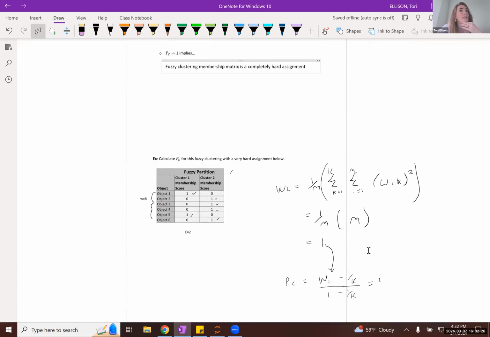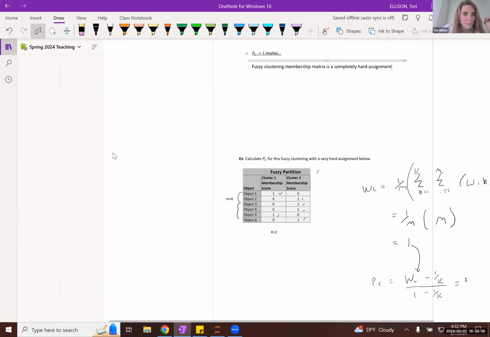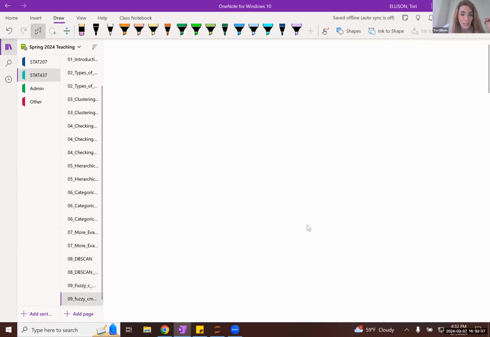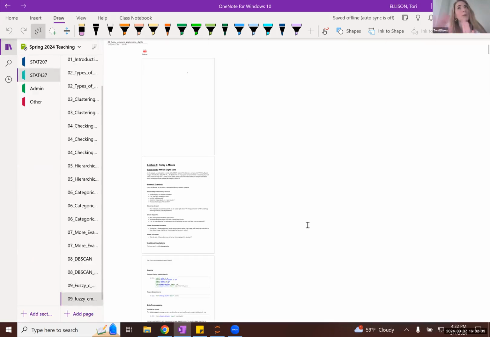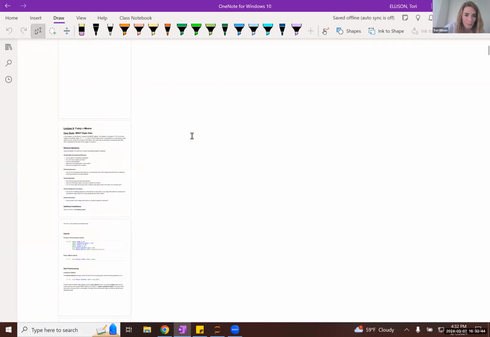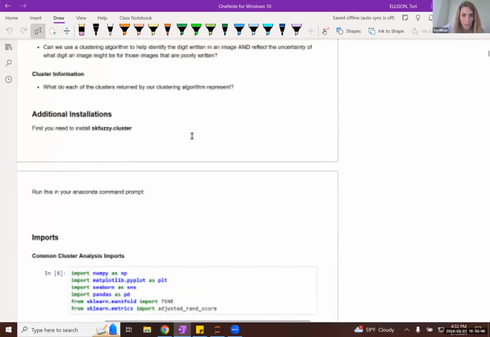So we're going to use the fuzzy C-means clustering algorithm as well as the normalized Dunn's partitioning coefficient to cluster our MNIST data set in a more nuanced, hopefully, way than what the k-means clustering algorithm would return to us.